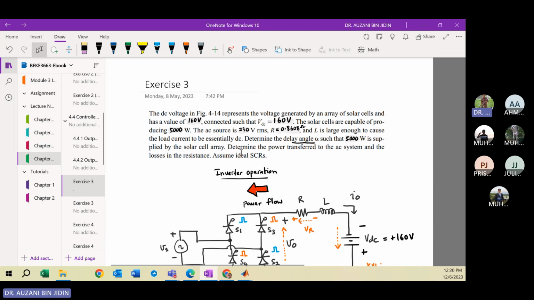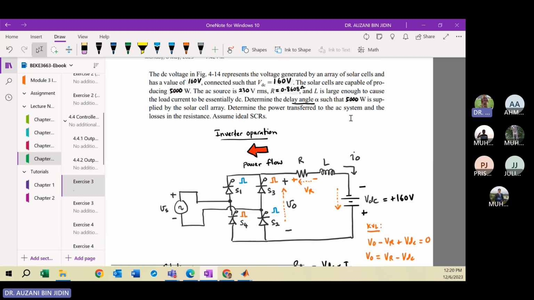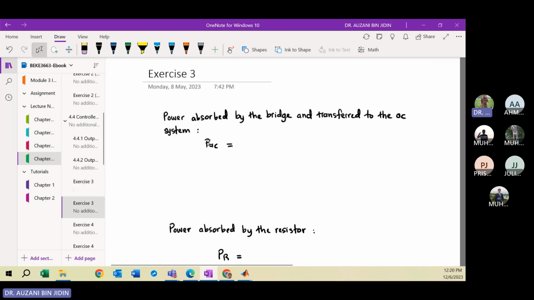Then in the second part, you need to calculate the power transferred to the AC system, PAC, and the losses, the power losses or power absorbed by the resistor. So for PAC, you must write the equation first, which is minus VO multiplied by IO. PAC is the power absorbed by the bridge.